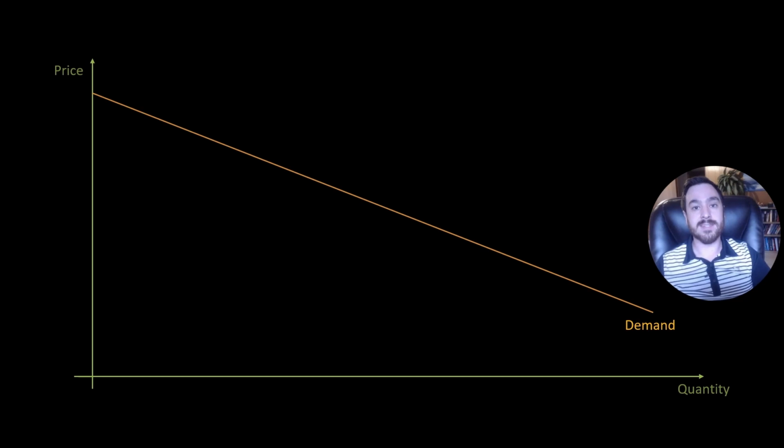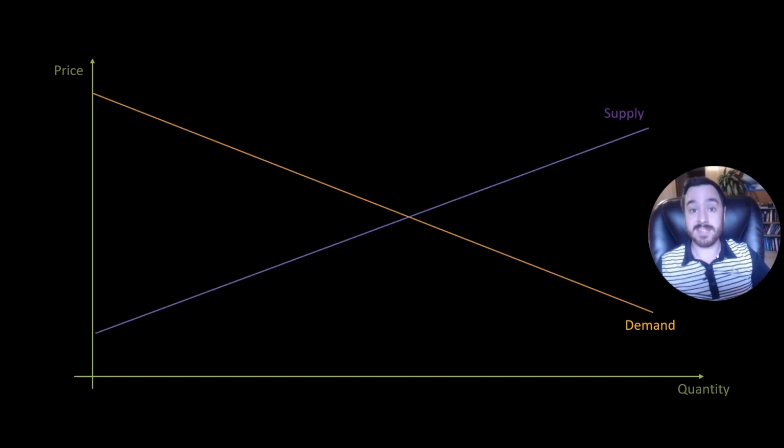The other line is the supply curve, which represents the minimum price sellers need to bring a good to market. It's an upward sloping line because as the price goes up, more people are willing to produce and sell a given good. So this is the situation without any taxes. Where the 2 lines cross is the market equilibrium price and the market equilibrium quantity.